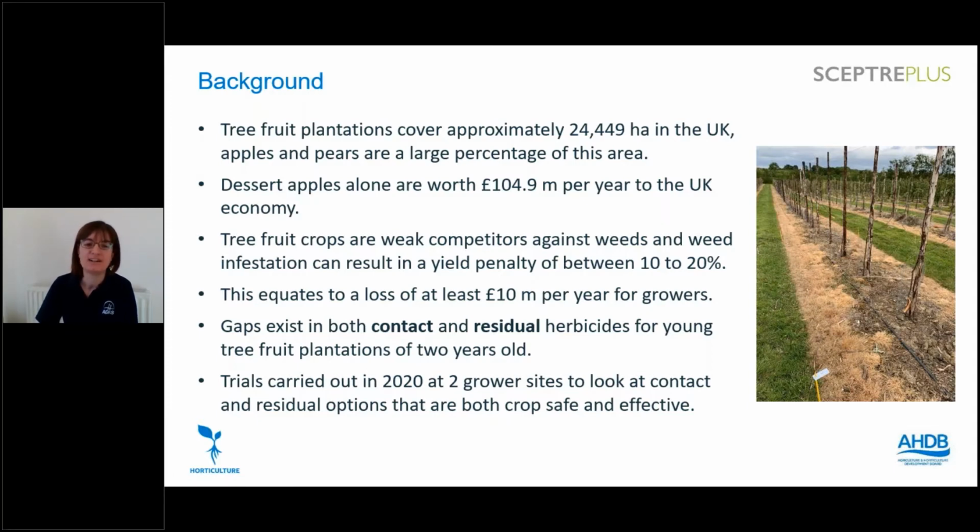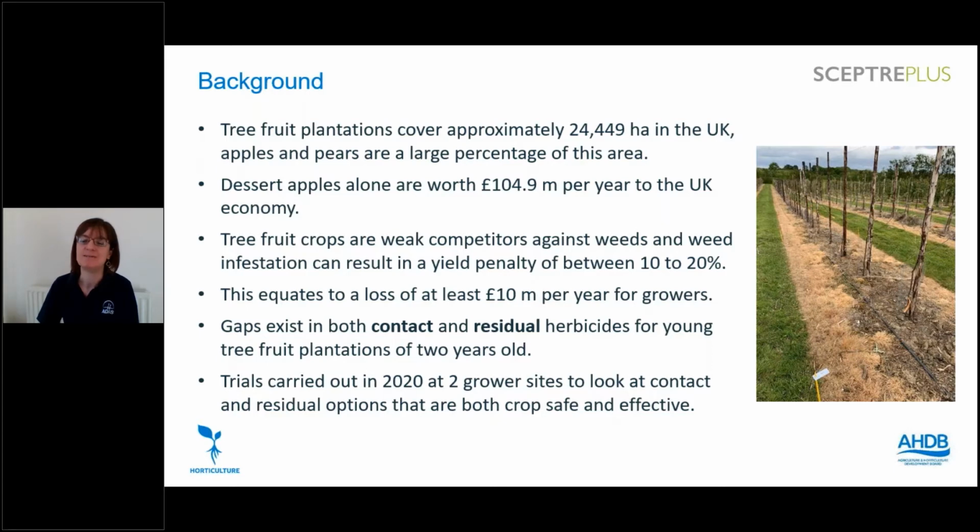But unfortunately, tree fruit crops are weak competitors against weeds, particularly at the early stages, when they're young trees, a couple of years old. Weed infestation can result in yield penalties of 10 to 20%. This equates to a loss of at least 10 million per year for growers.